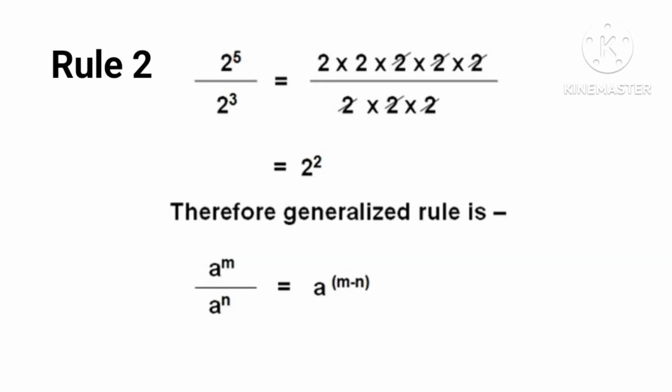2 raised to 5 divided by 2 raised to 3 is equal to 2 multiplied 5 times divided by 2 multiplied 3 times. Therefore it is equal to 2 raised to 5 minus 3, equal to 2 squared. This is true for any value of base and integer as an index. Therefore the rule can be generalized as a raised to m divided by a raised to n is equal to a raised to m minus n.